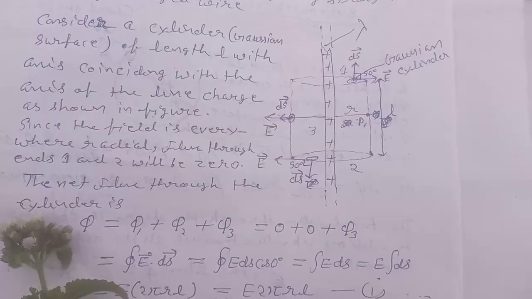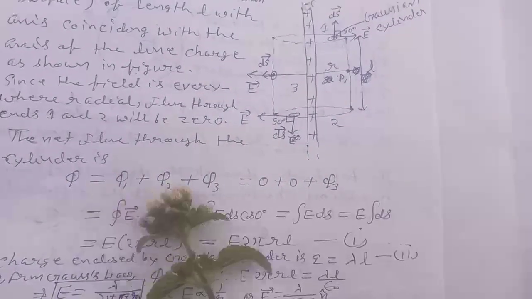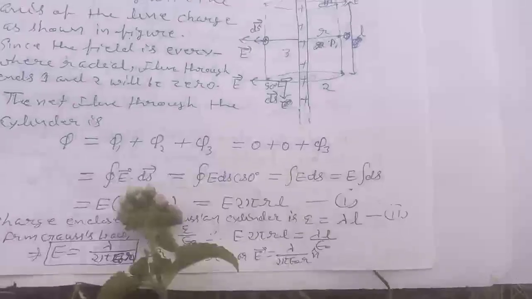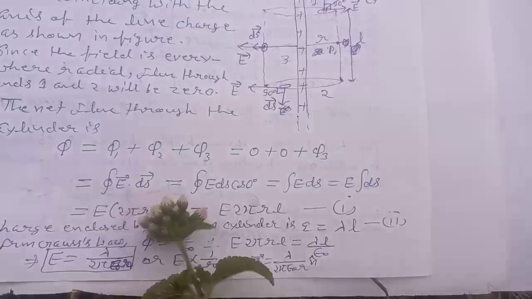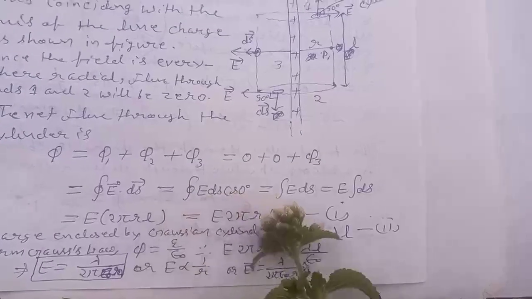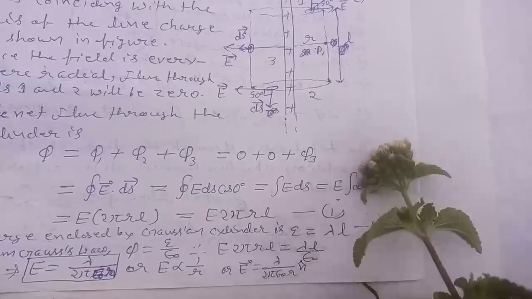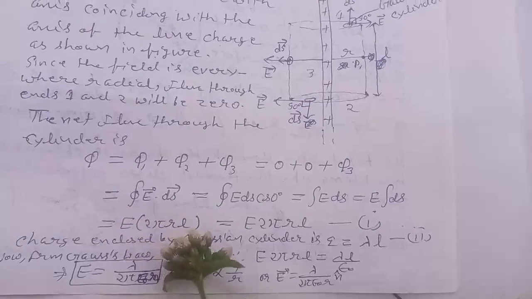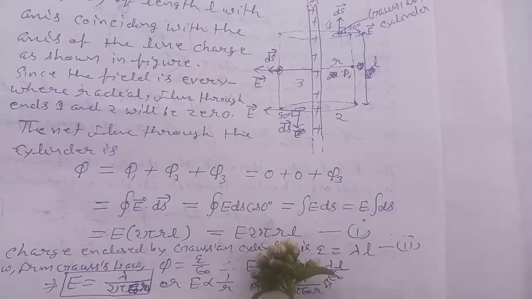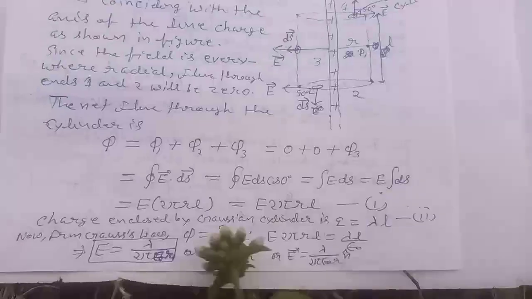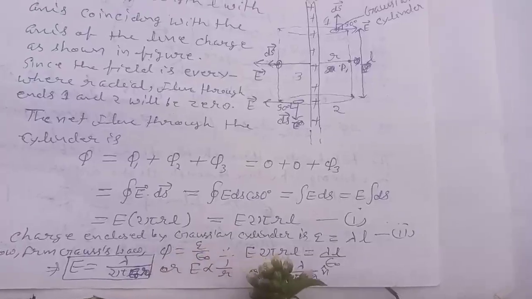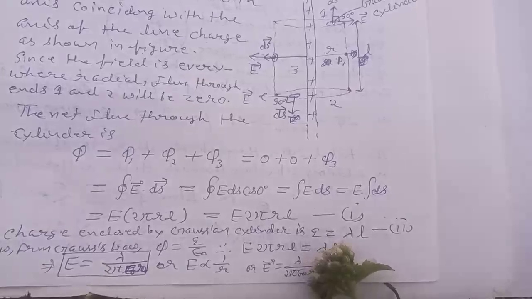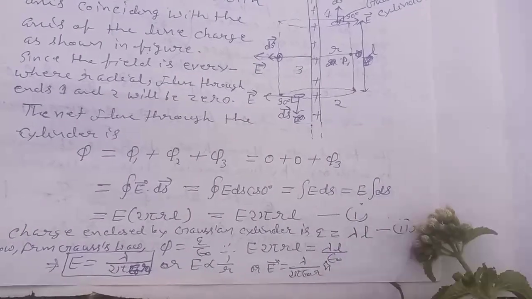The net flux through the cylinder phi equals phi 1 plus phi 2 plus phi 3, equals 0 plus 0 plus phi 3, equals integration E vector dot dS vector, integration E dS cos 0, integration E dS, E into integration dS, which equals E into 2 pi r into L, equation 1. Now the charge enclosed by the Gaussian surface is q equals lambda L, where lambda is the linear charge density and L is the length of the cylinder.